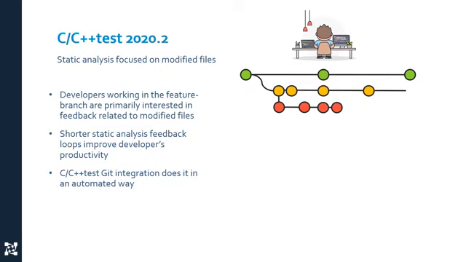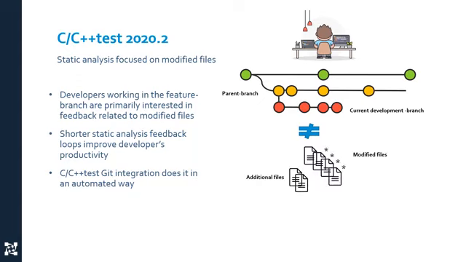How does it work? C++test compares the current development branch with a parent branch or any specific commit pointed by a developer, and automatically computes the minimal set of files which should be included in the fast static analysis session.